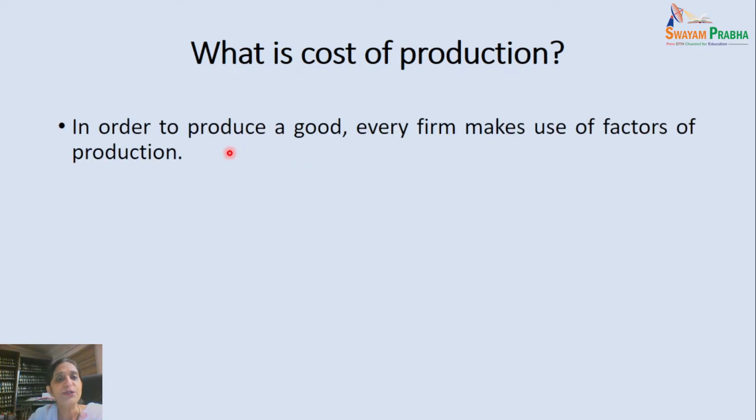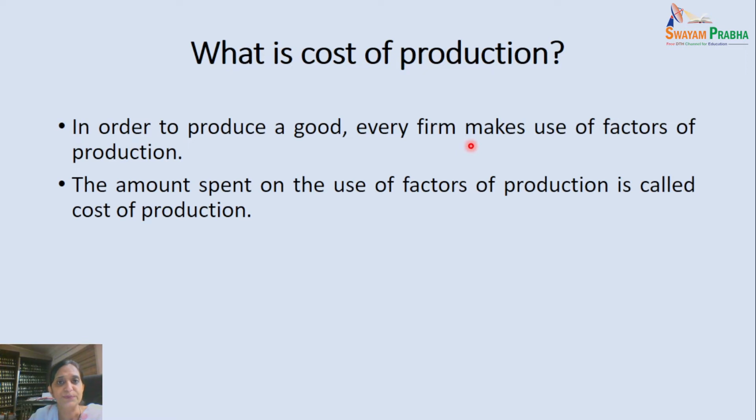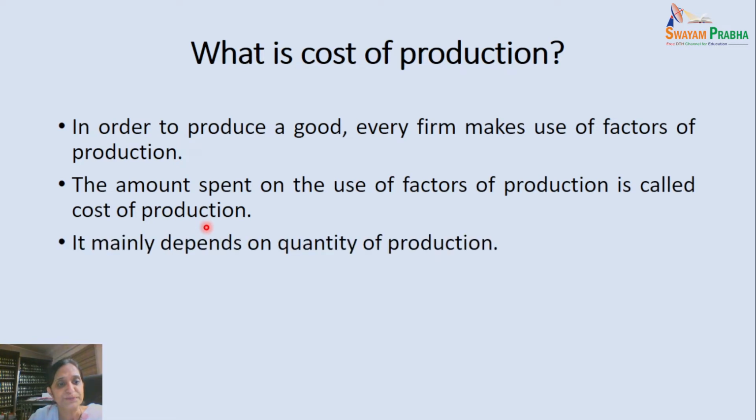As I just told you, in order to produce any good, every firm will use certain factors of production. And the amount spent or the expenditure made on the use of these factors of production is called the cost of production. So if you are using labor and capital to produce something, the expenditure which we are making on labor and on capital will be included in your cost of production.